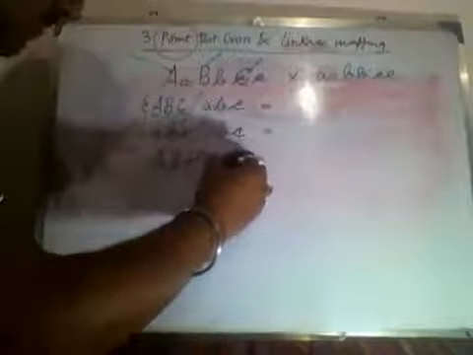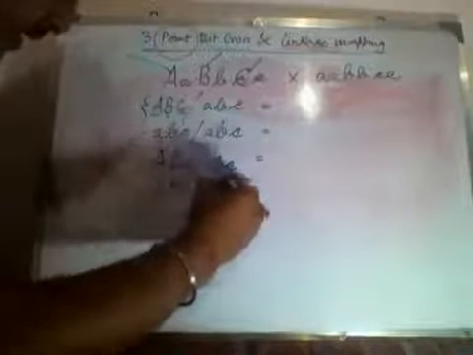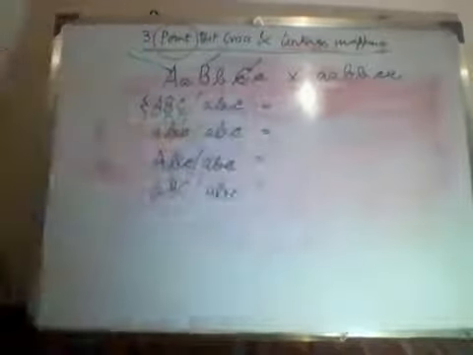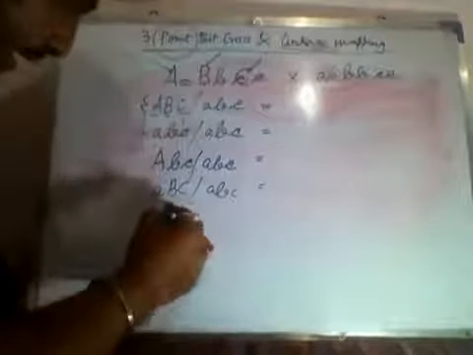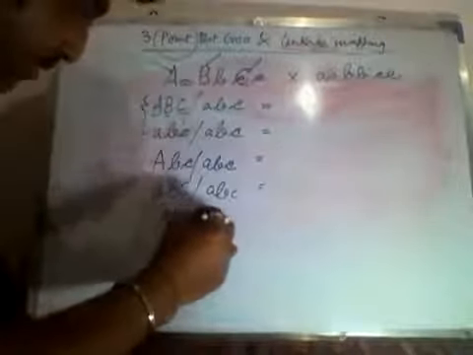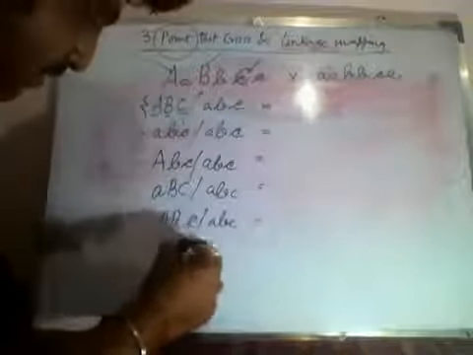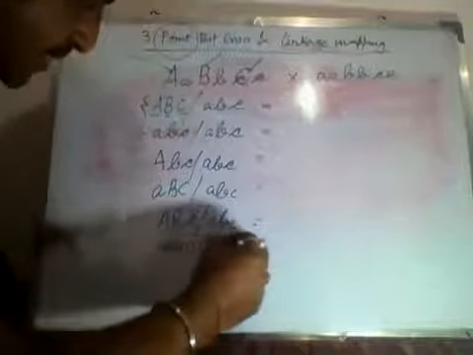Next, you will get some population capital A, small b, small c by small a, b, c. You will get some population like small a, capital B, capital C by small a, b, c. In a similar manner, you will get capital A, capital B, small c by a, b, c, and you will get small a, small b, capital C by small a, b, c.